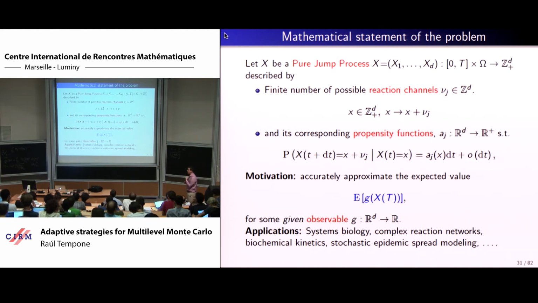Okay? So for instance, if you have no hydrogen in the system, you know that new water is not going to be created, right? So this A_J corresponding to that reaction will be 0 in that interval until that situation changes. So again, we want to compute the expected value of a given quantity for the given observable G, and the applications are everywhere, so I'm not going to stop on that.